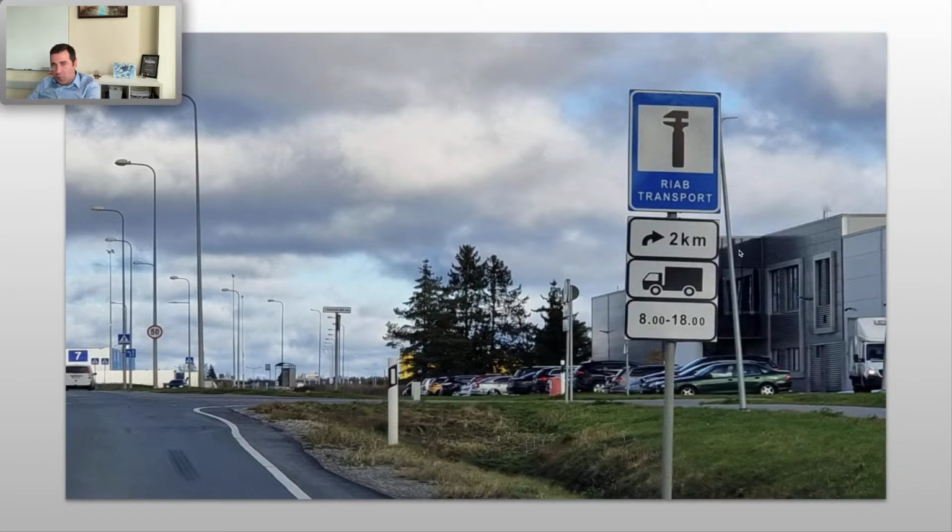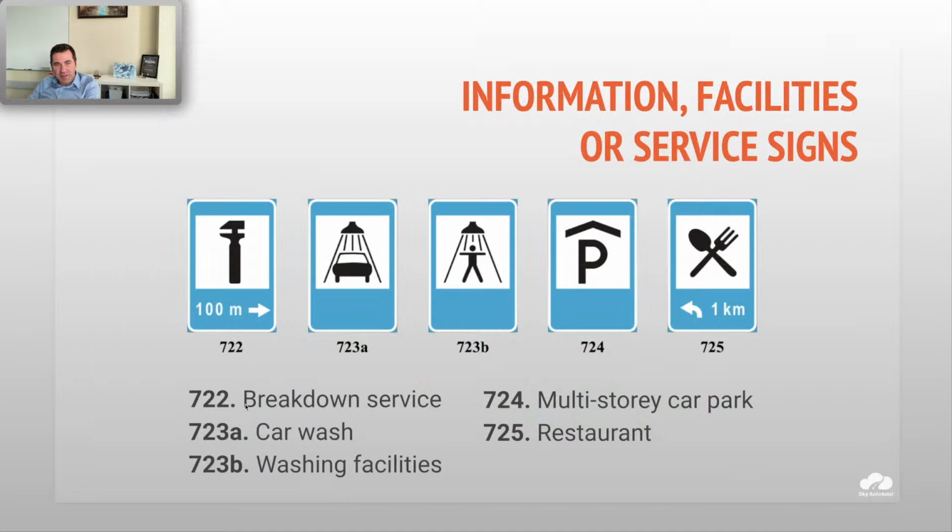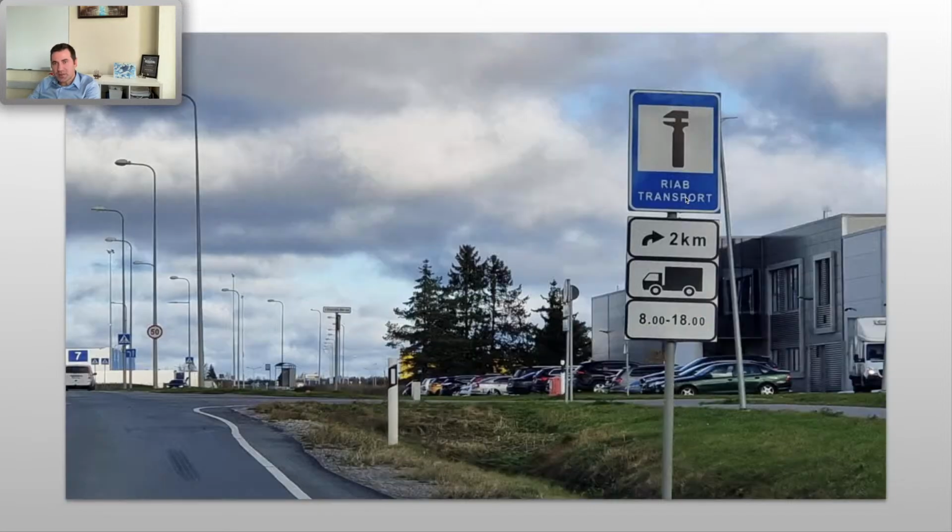And also you can go with additional panels. So usually if you see any kind of additional panels, it's better to read the sign from top to the bottom. Because here, if you check the construction, you can see that this sign tells us that it's a breakdown service. It's called Re-up Transport.